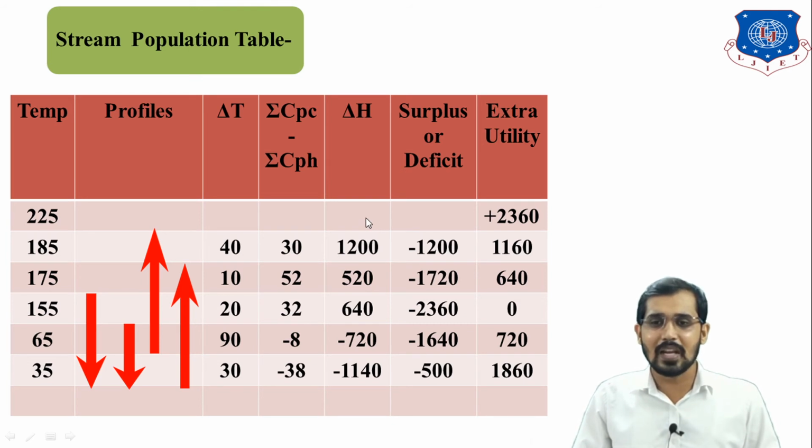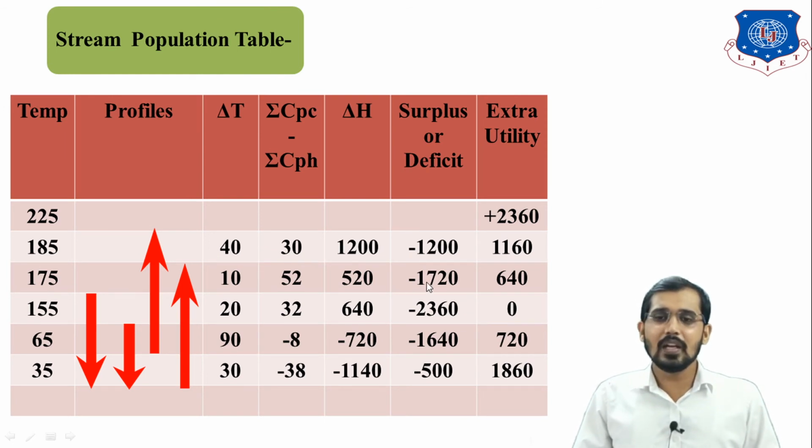Previous heat is nothing but empty, means 0. 0 minus 1200 is nothing but minus 1200. This is previous value minus initial value, so you get minus 1200.